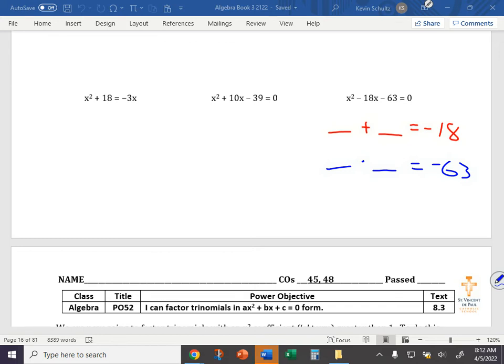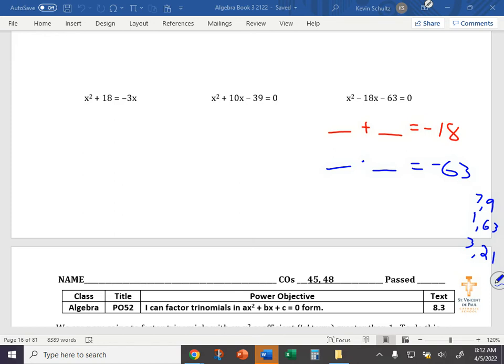9 and 7 is not the only factor pair. 63 and 1. 21 and 3. I think it's possible. For many, your success will kind of depend on how well you know factor pairs, right?